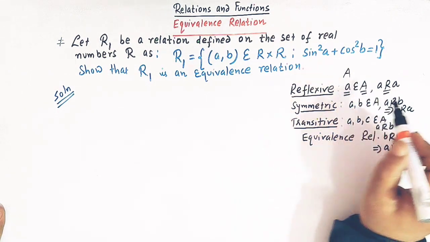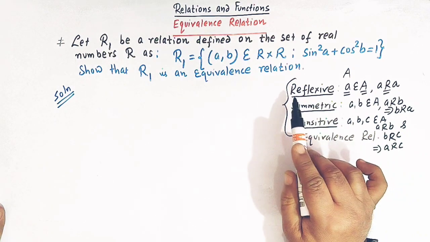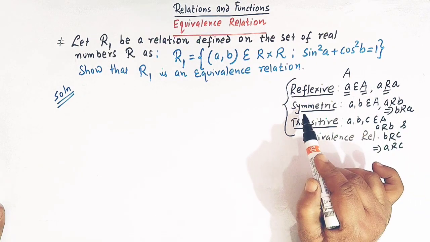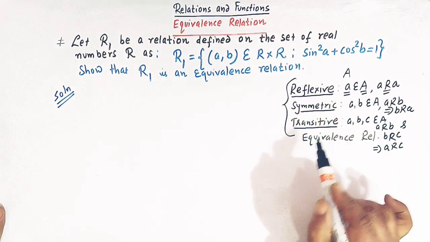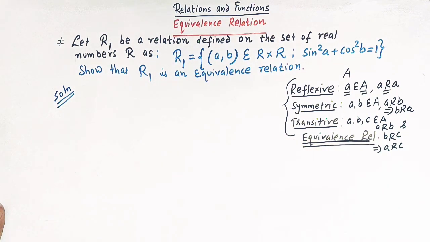And if any relation R satisfies these three properties, that is, reflexive, symmetric, and transitive, then the relation R is said to be an equivalence relation, right?